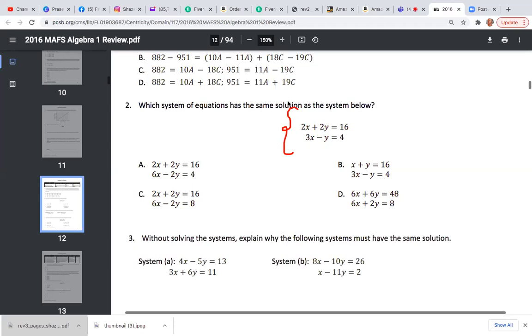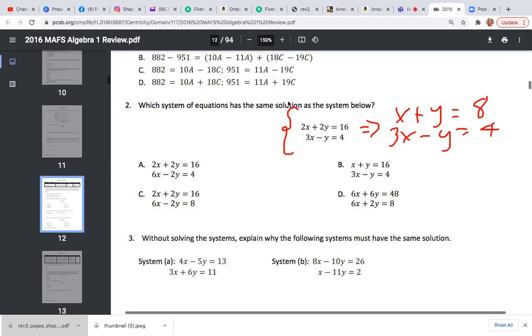Every term, you've got 2x, 2y, and 16. They're all divisible by 2, which means we can reduce the first equation. It becomes x plus y equals 8. The second one remains the same: 3x minus y equals 4.